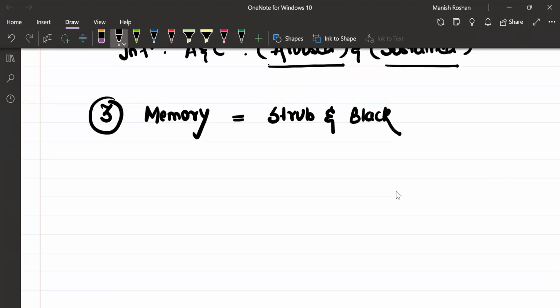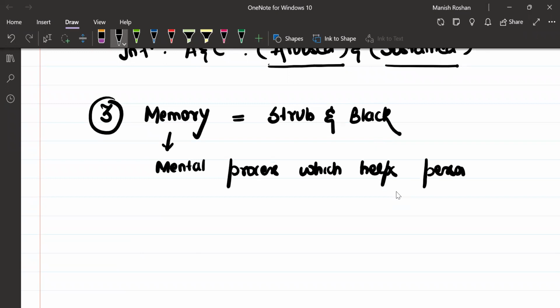What is the definition? Memory is defined as the mental process which helps a person to store information for later recall.